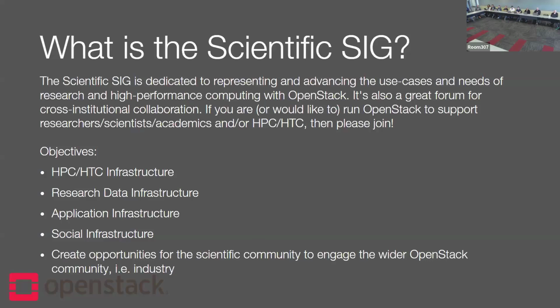So the purpose of the group is really about this kind of two-way advocacy: advocating the scientific computing use case in cloud environments, and the cloud use case in scientific computing environments, and that's really it in a nutshell. But the main way we've been achieving that is really the point about social infrastructure, because really the group's a talking shop, and we really try to be a group of friendly fellow travelers.